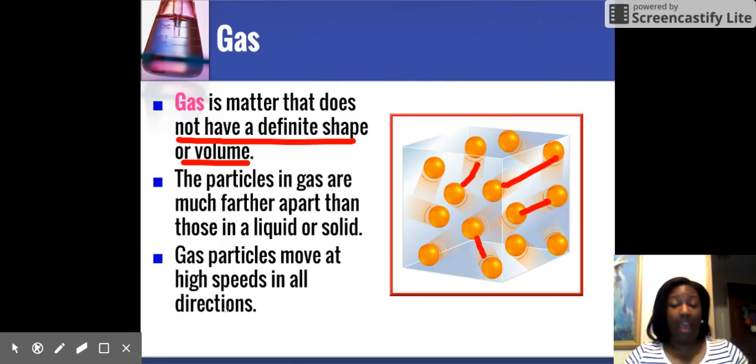So they have tons of space, and the molecules are just dancing around. They're having a good old time. The gas particles also move at high speeds in all different directions. Like nitrogen, which we're going to talk about in a couple of weeks, and oxygen, they're just moving around, having a dancing party because they have all of this room to move in, okay?